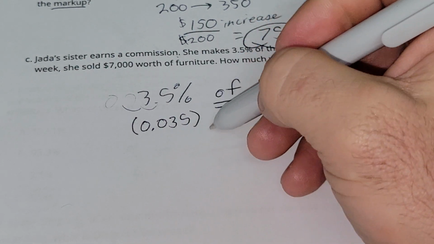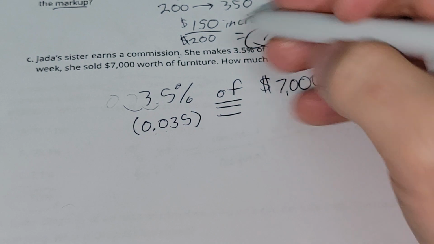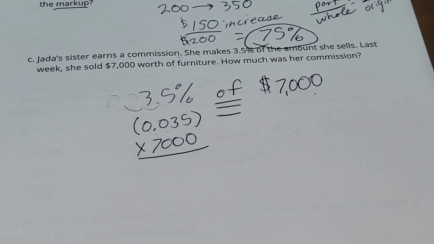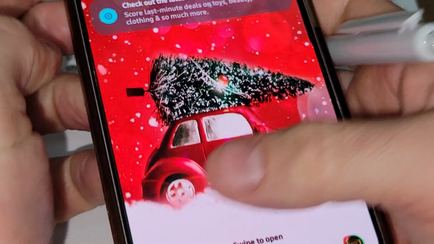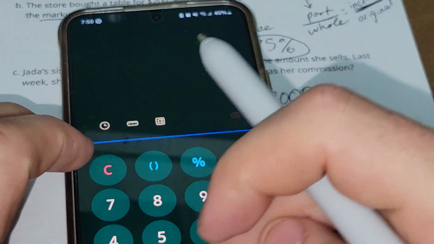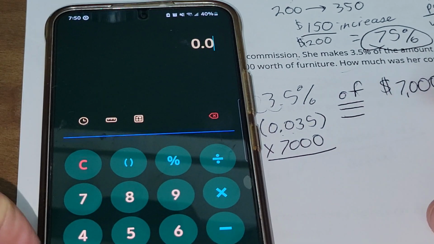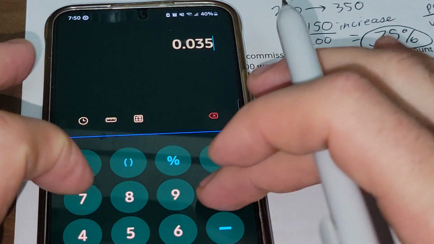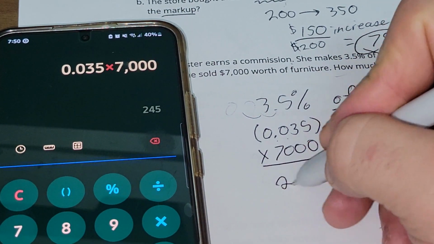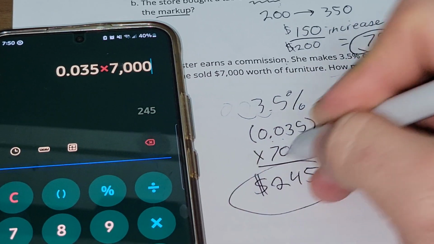So 0.035 of $7,000 is, okay, 0.035 times $7,000 is $245.